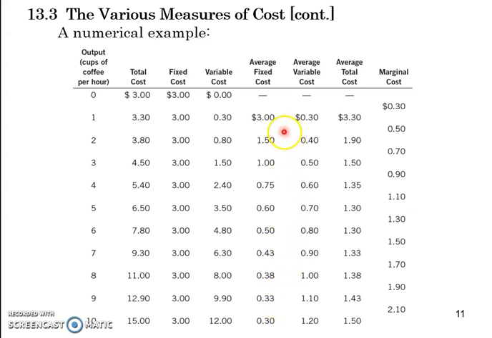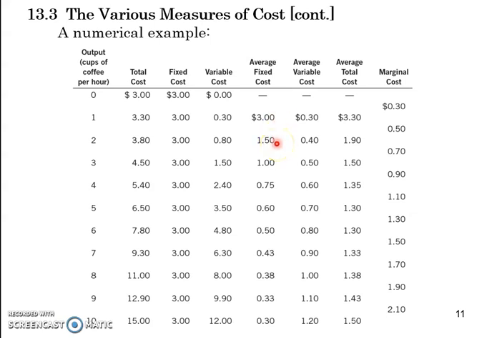And this is because, again, for the same coffee maker, for example, if we produce 1 cup of coffee, then the whole fixed cost, $3, would just fall into this cup of coffee, right?